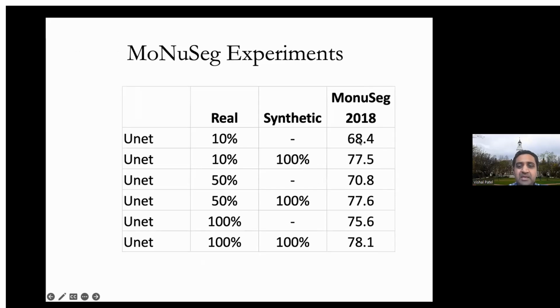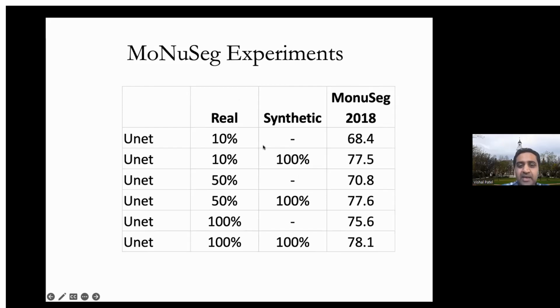We looked at the corresponding segmentation performance, and we got about 68.4%. Then we enlarged the training set by adding only 10% of the real images and about 100% of the synthetically generated images. So remember, in the synthetic data, we not only have the images, but also the corresponding masks.